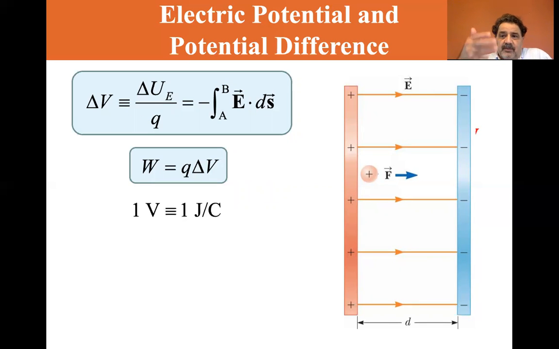That equal sign with a triple line means it's defined. So 1 volt is defined as 1 joule per coulomb. And 1 newton per coulomb is equal to 1 volt per meter. Newtons per coulomb is from our electric field, so the electric field can also be expressed as volts per meter. And that makes sense.